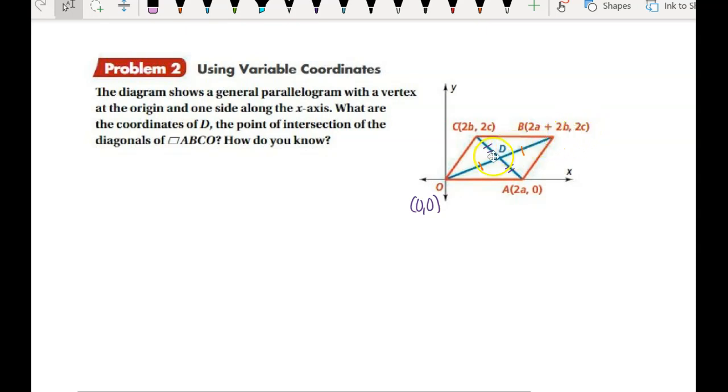So I could work with this, or I could also go over here and do these two, because I'm looking for the midpoint. So D is equal to, let's do it this way first. Let's do CA.